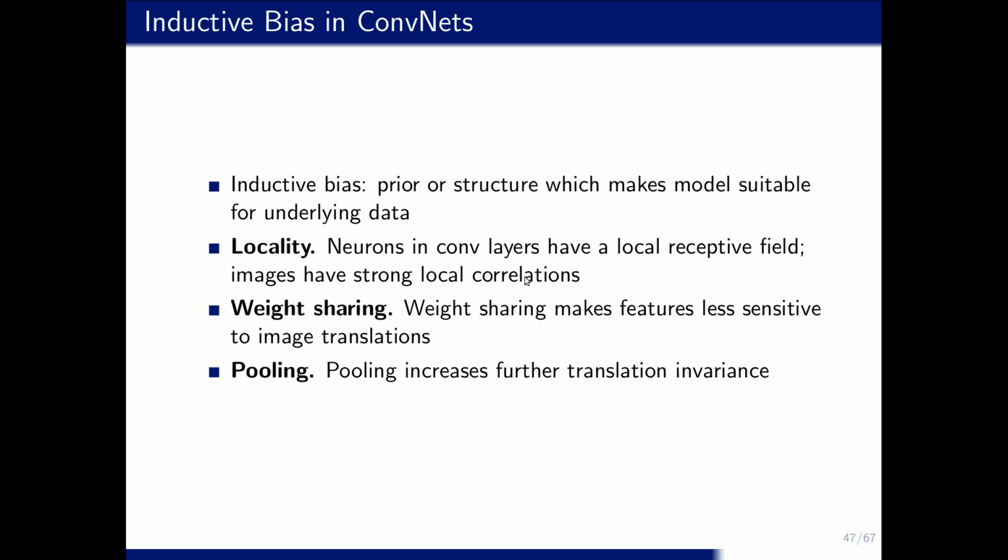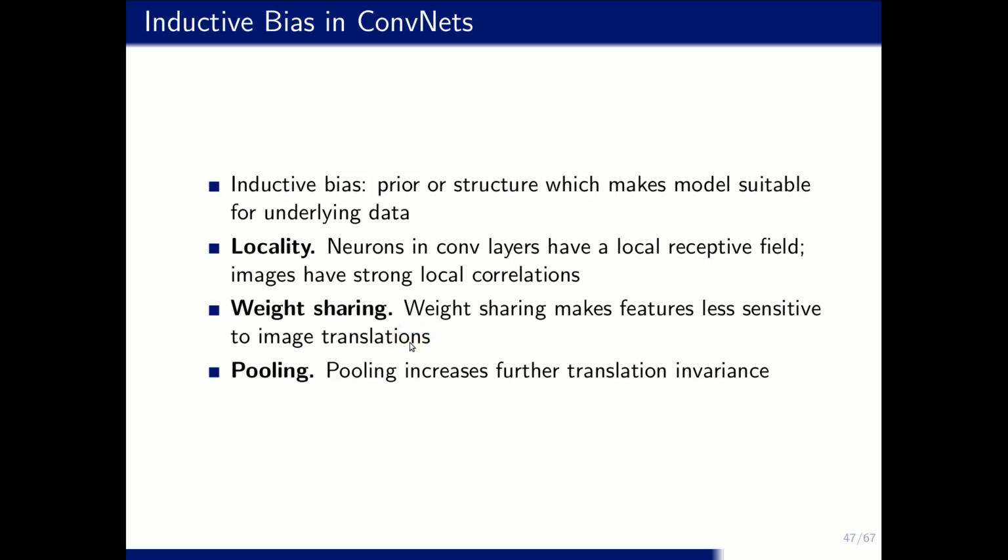which is adequate for images because they have strong local correlations and strong local patterns. And also, ConvNets have a high degree of weight sharing. So if we perform a convolution, we essentially slide one convolutional kernel over the whole image. And so at each position we have an output neuron, and all these neurons look at the same feature. So all these neurons share the same weights, and this weight sharing makes these features less sensitive to image translations.